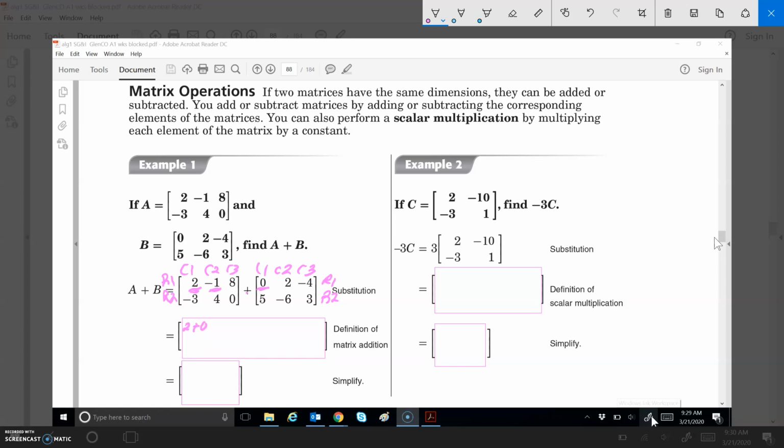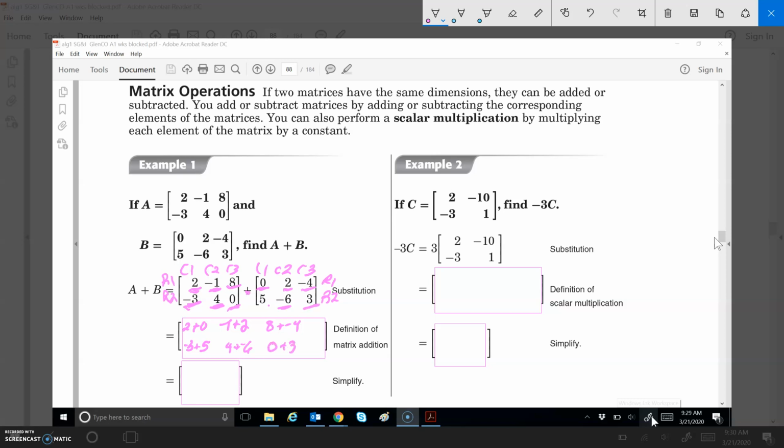Okay, -1 plus 2. 8 plus -4. -3 plus 5. 4 plus -6. 0 plus 3.